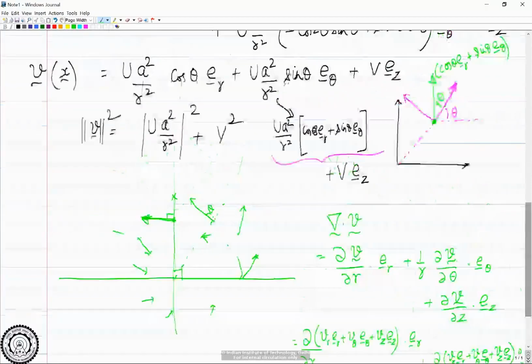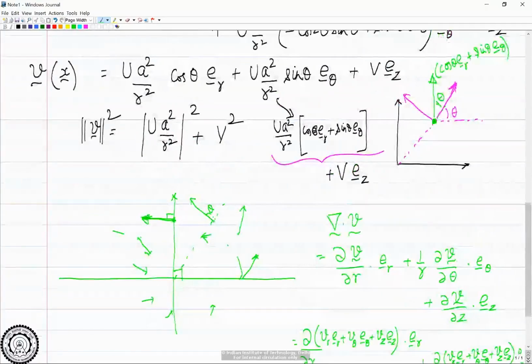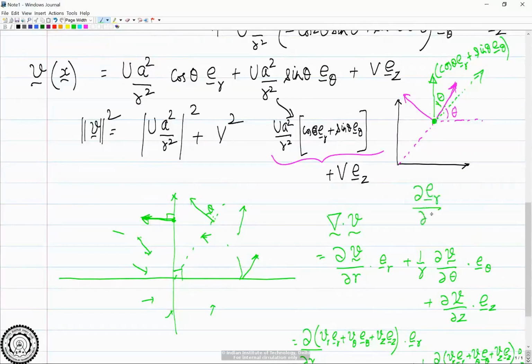Look at this picture for example. You move from here radially outward. Er always points in the same direction. So as you change your location along the radial line, er and e theta do not change. But if you change theta, then er and e theta change. Okay, and in fact, you can show that del er by del theta is equal to e theta.